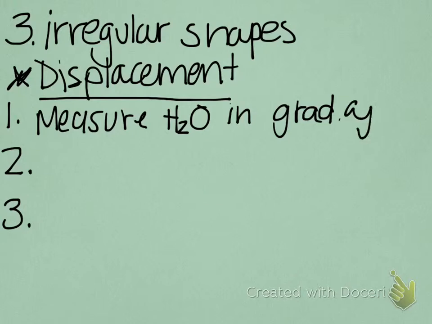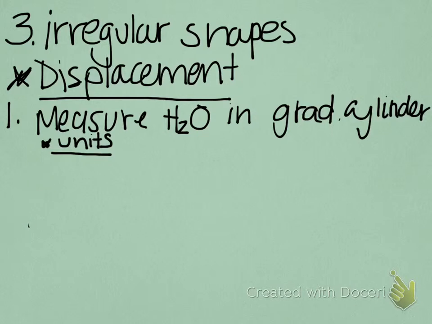I'm abbreviating this. You can write it out if you need to. Grad cylinder. Now, make sure that you have units. You guys are going to hear me saying this for the rest of the year. Units, units, units, units. Did you measure how much it was in milliliters, or did you measure how much it was in liters?